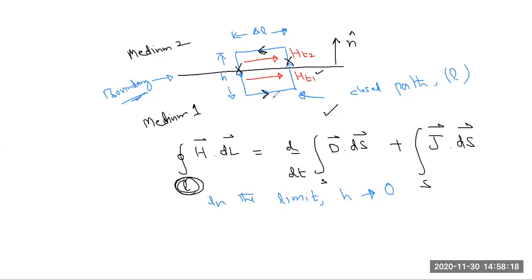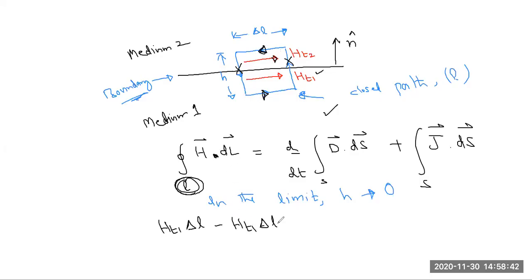So HT1 and this path are in the same direction. So what you will get is HT1 delta L dot product. Because they are in the same direction, you get cos of 0, which is 1. But for this, this is HT2, which is in the opposite direction. So you have cos of 180 degrees, so you get a minus sign.